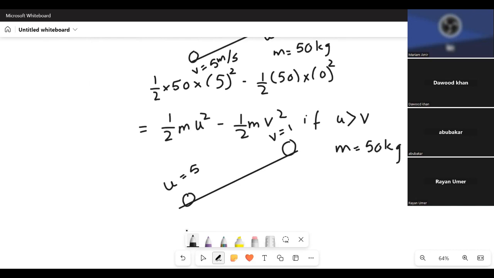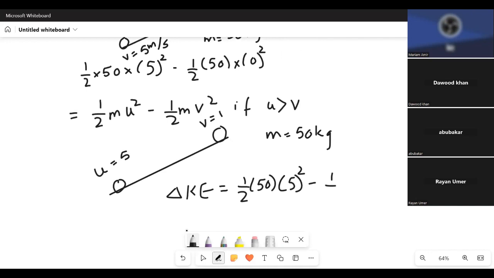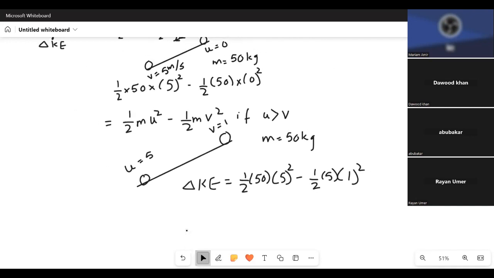Then the change in kinetic energy would be: use the bigger kinetic energy first using U, minus the smaller kinetic energy using V, 1 square. Okay. So this is kinetic energy.